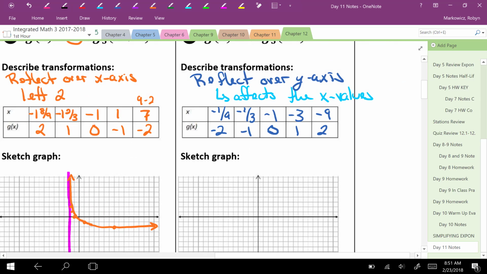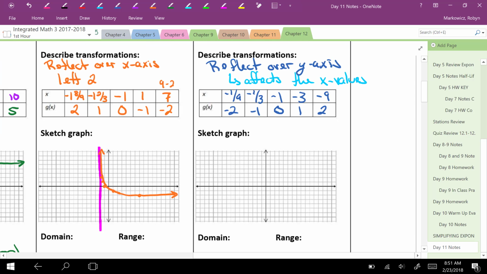Check your table. How are we doing? Good. Vertical asymptote at x equals 0. I'm going to plot the point. So remember, we're going from positive x's to negative x's. So that's the only thing I changed.